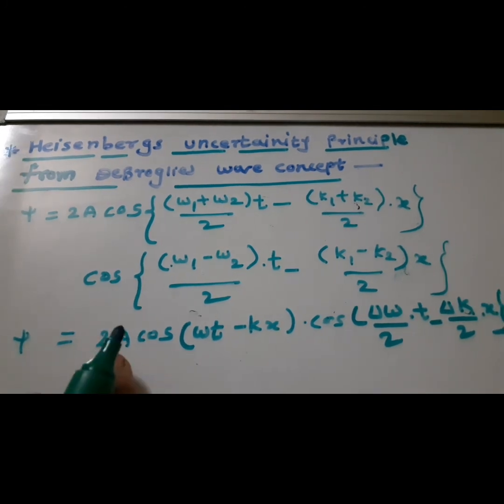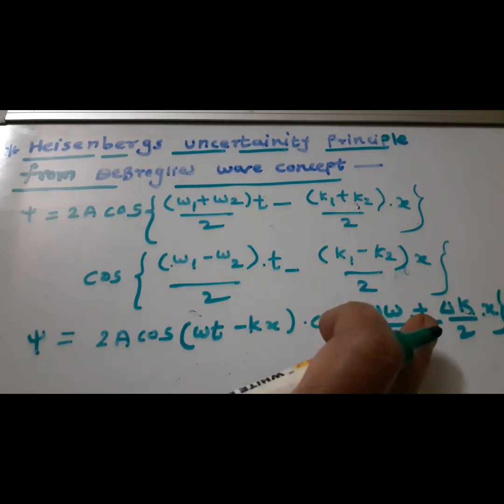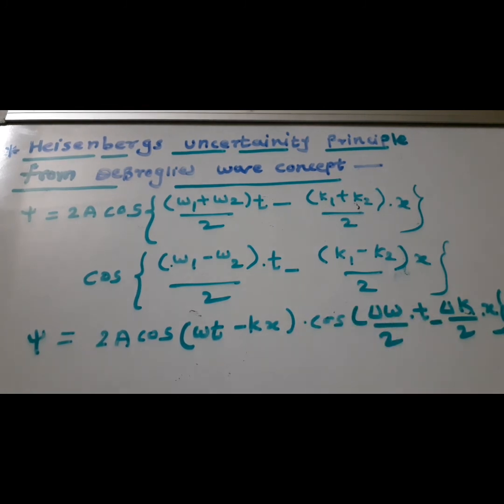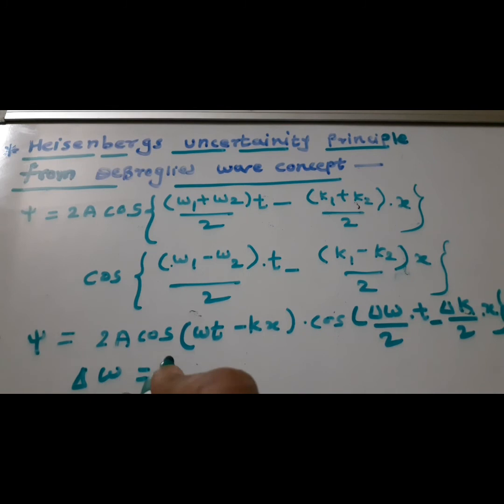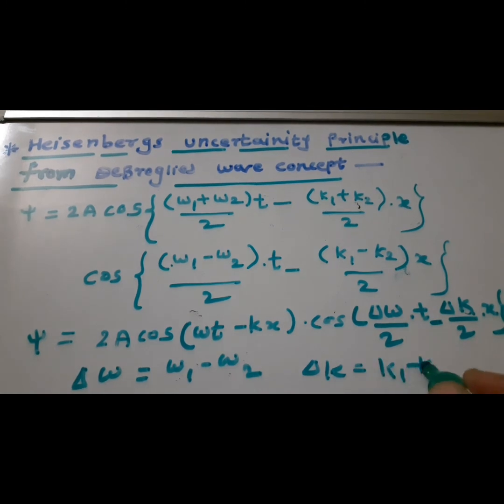Psi is equal to 2a cos of omega t minus kx into cos of delta omega by 2 into t minus delta k divided by 2 into x. Why can this be written like that? Because here delta omega is equal to omega 1 minus omega 2 and delta k is equal to k1 minus k2.